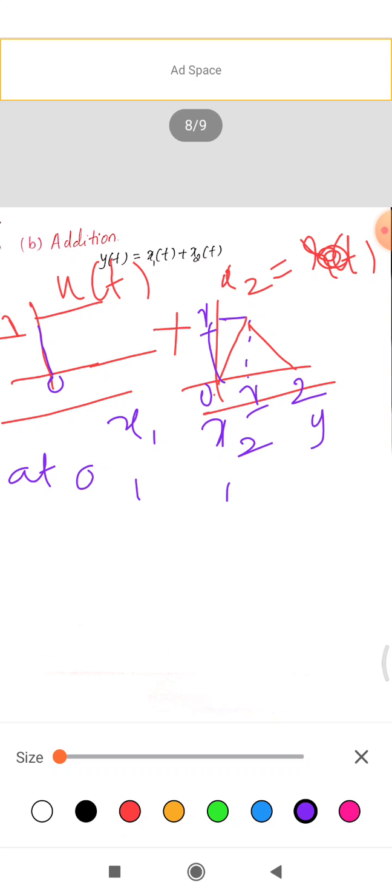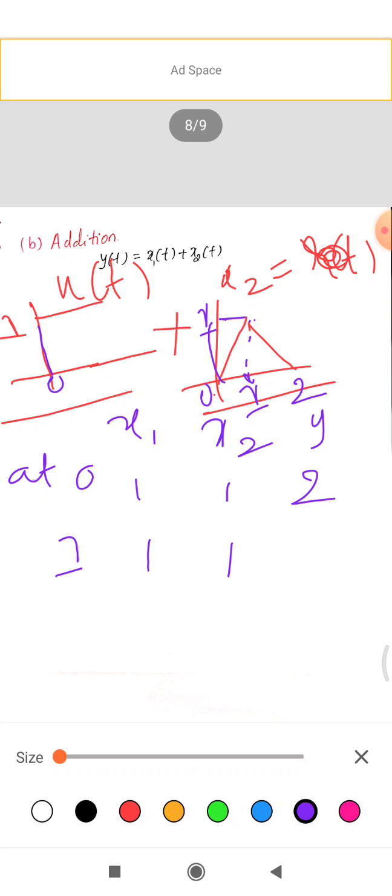What about y of t? It is 1 plus 1, it is 2. It is at 0. And I'll take at 1. At 1, what about the value of x1? It remains the same, 1. Then what about the x2 value? It is also 1.